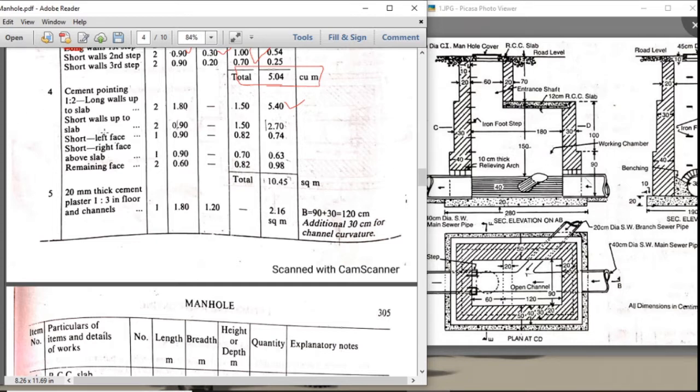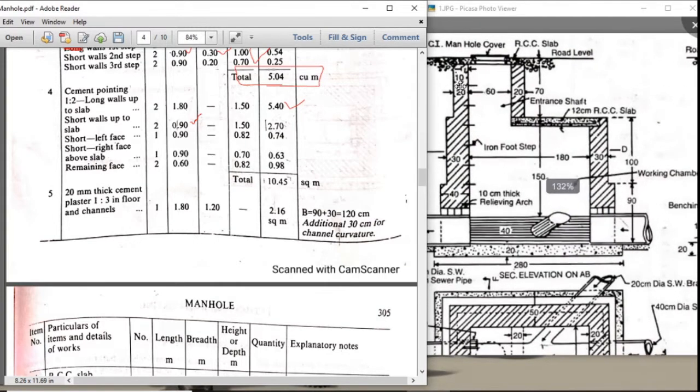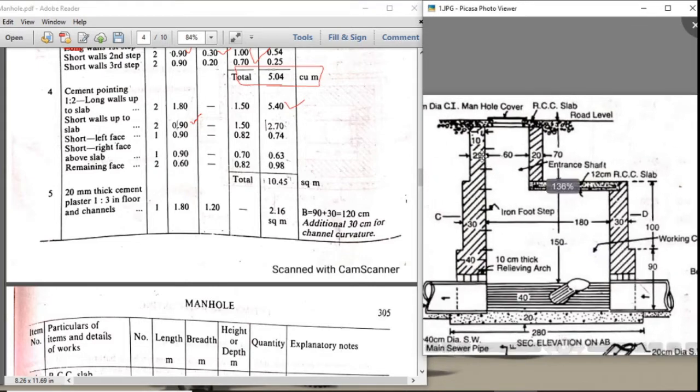Similarly, short walls up to the slab, we get short walls as two numbers, 1 and 2. So the length is 0.90. Okay, next the height is 1.50. Okay, multiply that, we will get 2.70. Now short wall left face, see here, this is the left face.